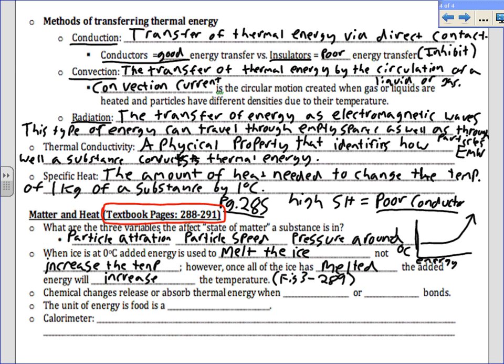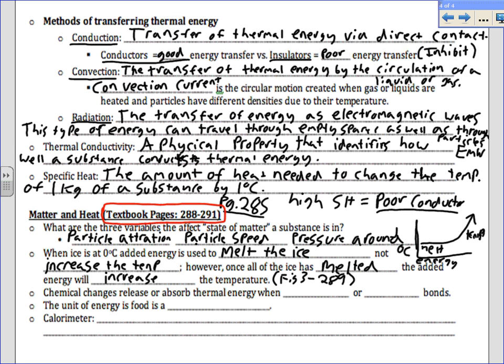And that's because the energy is going in to melt these particles right here, and then once they're all melted, then the temperature can go up, okay? And that's why the states of matter, it's particle attraction, particle speed, and then the pressure around them that are all variables.